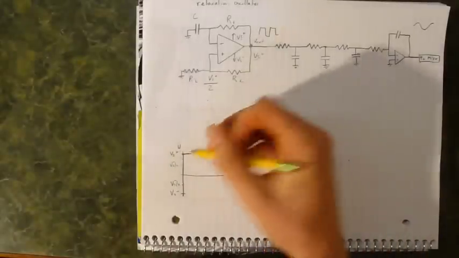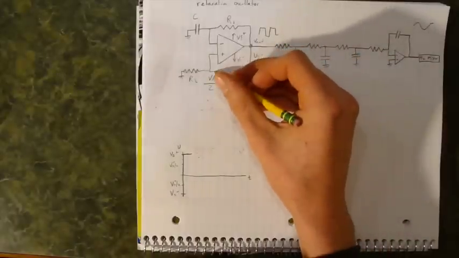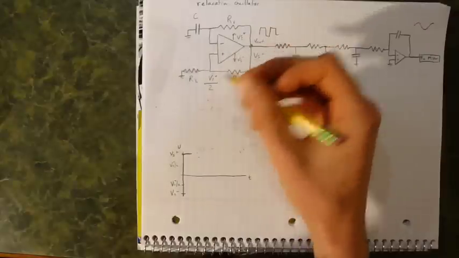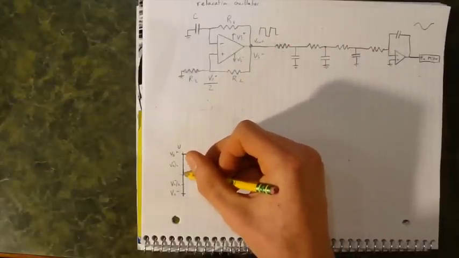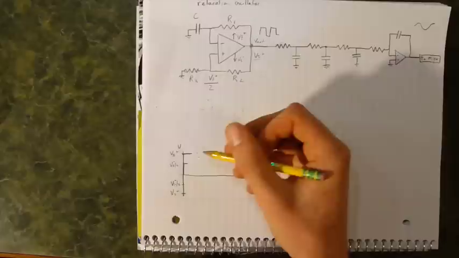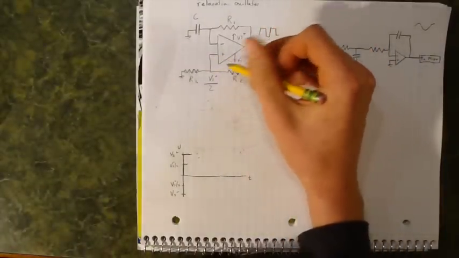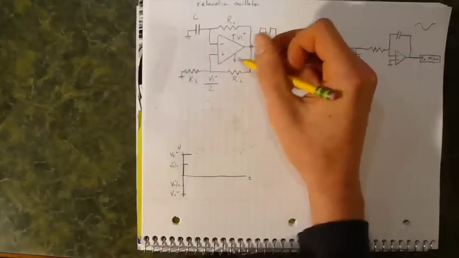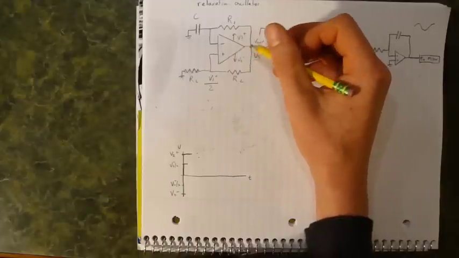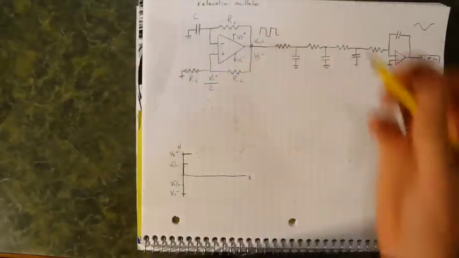Once that happens, and this is in terms of time, the V plus pin will shoot to Vs divided by 2. Now this happens because there is a voltage divider circuit with the two resistances, and since both resistors are set equal to each other, the voltage across the last resistor is Vs divided by 2.